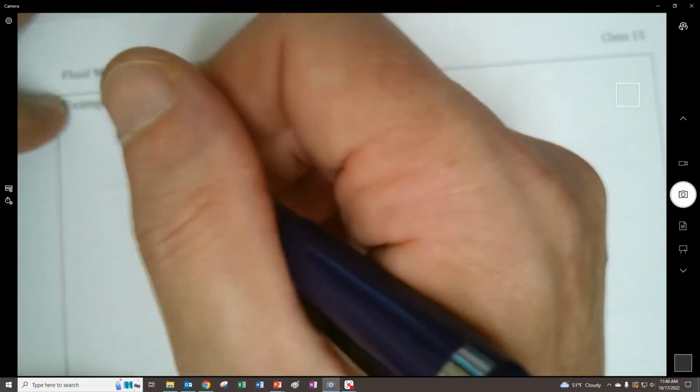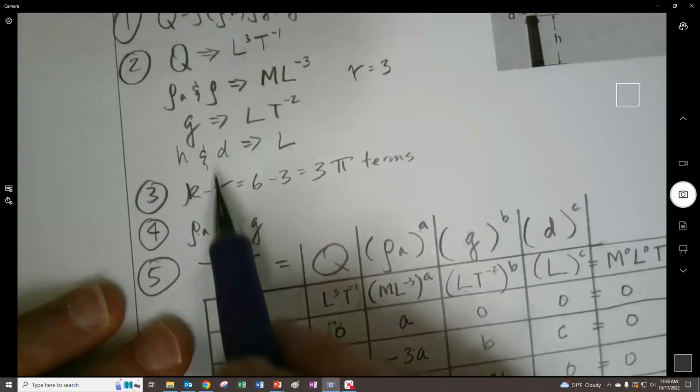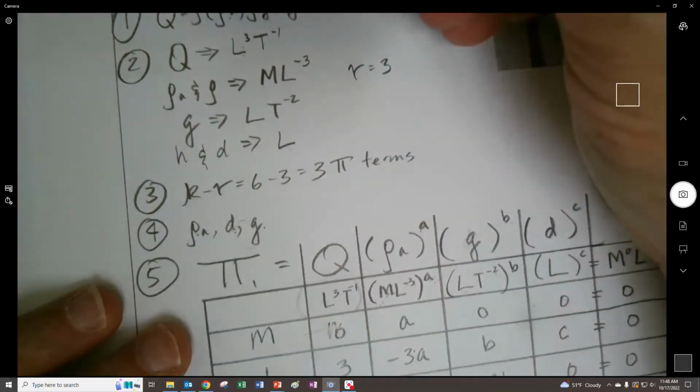Now, moving on to the next one. So I included 2 sheets for the note sheets here. We're going to go to step 5. Step 6 is to do it for the other variables, right? So the other non-repeating, right? So these were the repeating variables. We were given that, right? We said that we're going to have these right here. So we've covered this one.